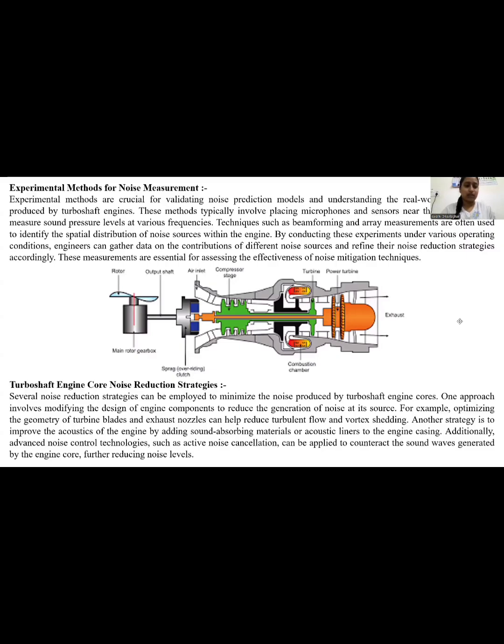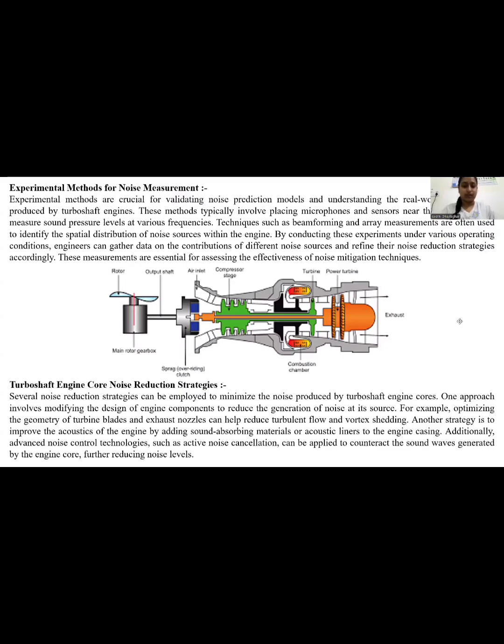Turboshaft engine core noise reduction strategies. Several noise reduction strategies can be employed to minimize the noise produced by turboshaft engine cores. One approach involves modifying the design of engine components to reduce the generation of noise at its source. For example, optimizing the geometry of turbine blades and exhaust nozzles can help reduce turbulent flow and vortex shedding.